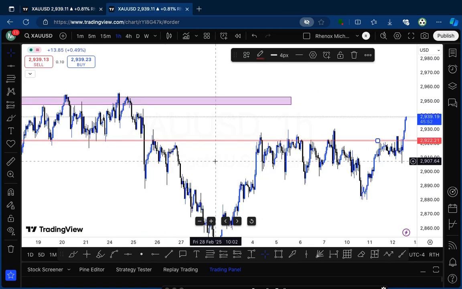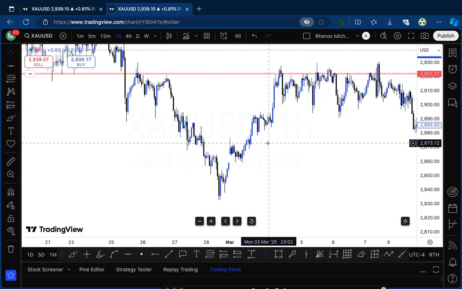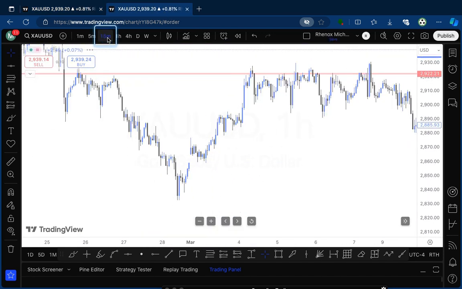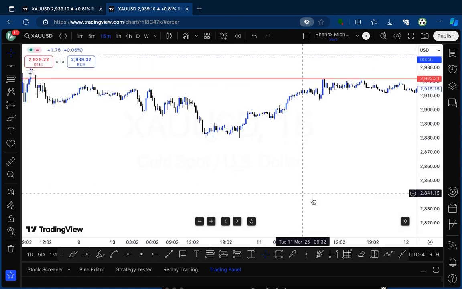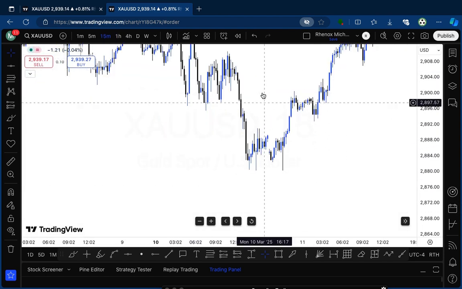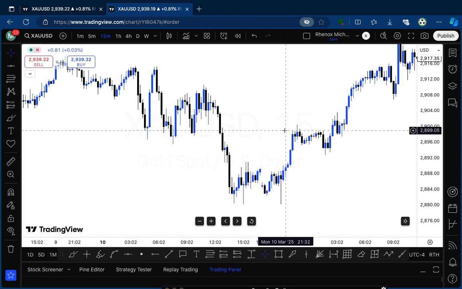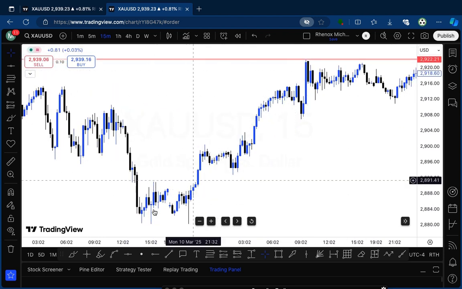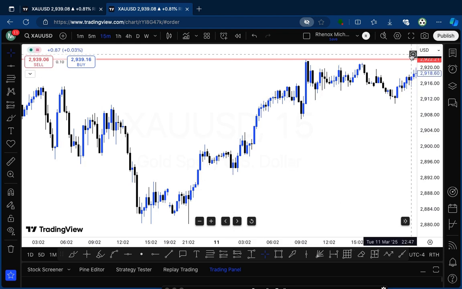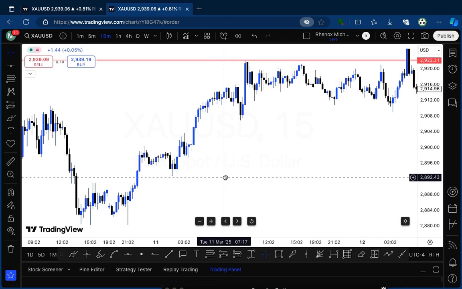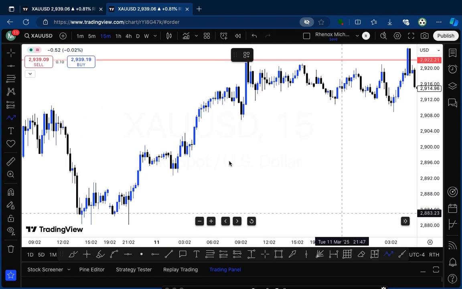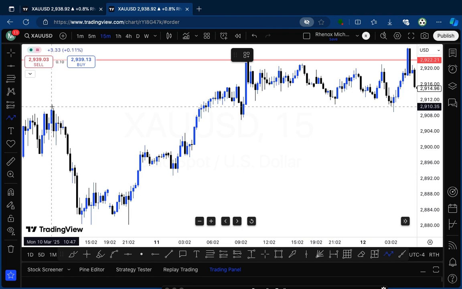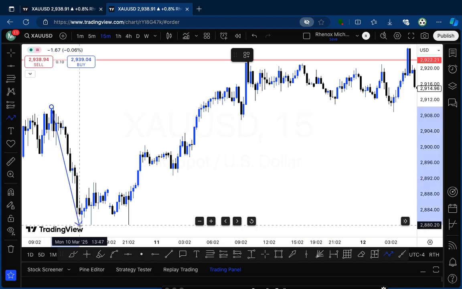Now, let's move to a lower time frame so we can see some better price movements. Now, let's deal with this price movement from here upwards.